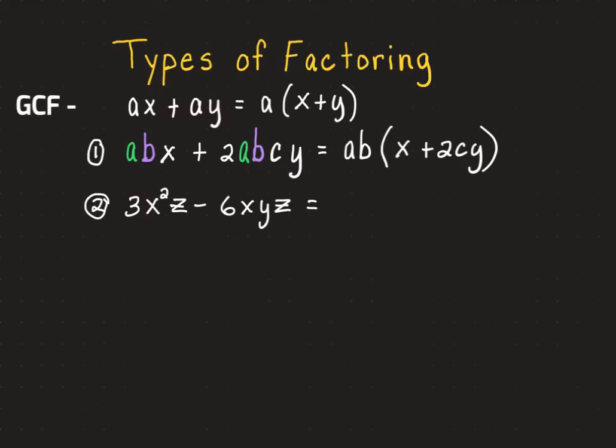So the greatest common factor of these two is 3xz. If we factor 3xz out of the first term, we are left with x. And if we factor it out of the second term, 6 divided by 3 is 2, x divided by x is 1, z divided by z is 1, all we have left is the y.